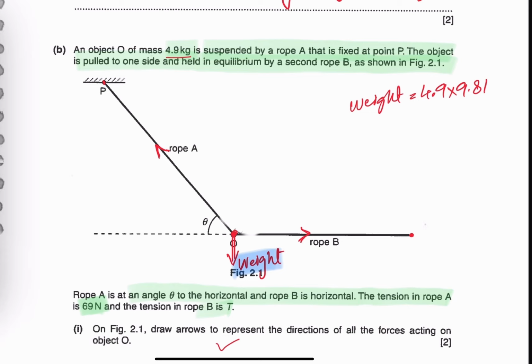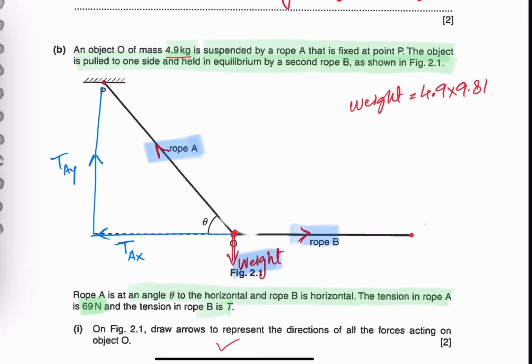For the equilibrium, there must be an upward acting force. And what is the upward acting force? The tension in rope B is totally in the horizontal direction, so there is no contribution of that rope in the vertical direction. Only rope A is in the XY plane, so you have to find its components. Let's suppose this is the X component of tension in A, and this is its Y component.